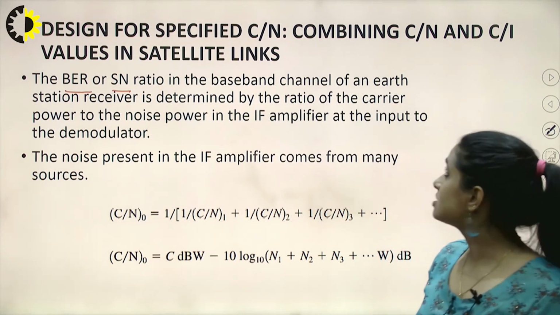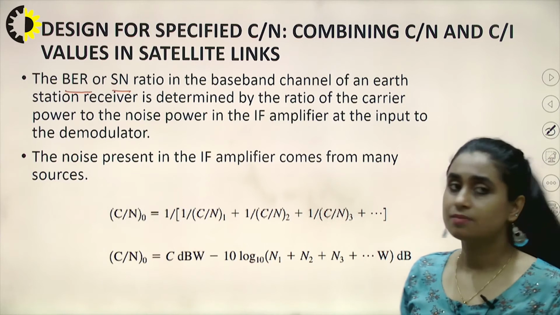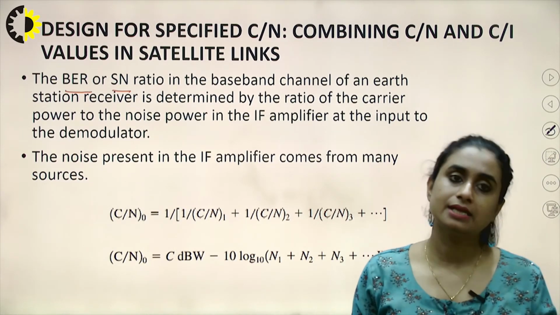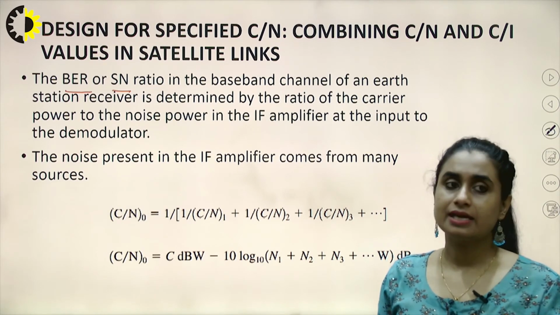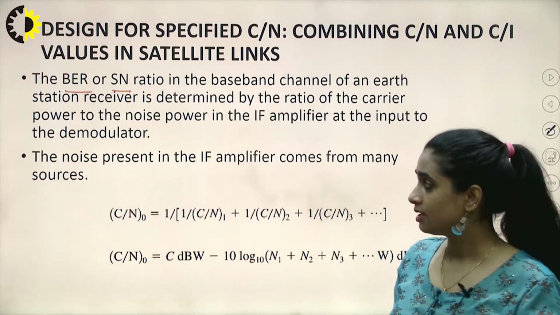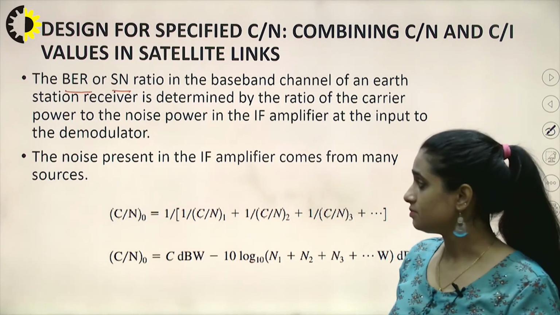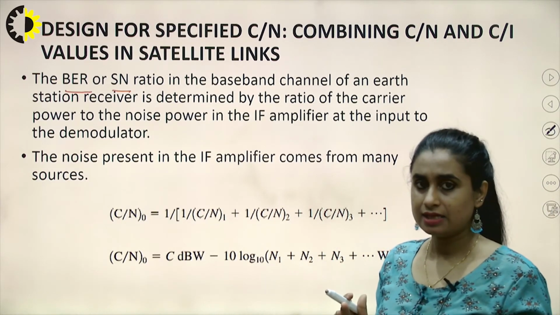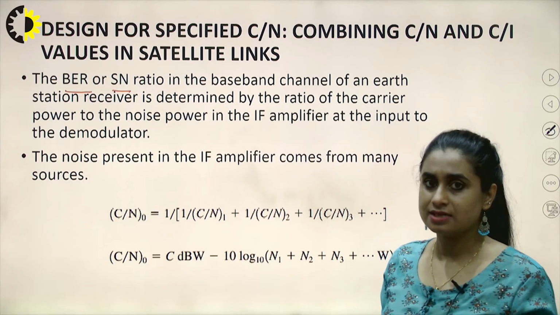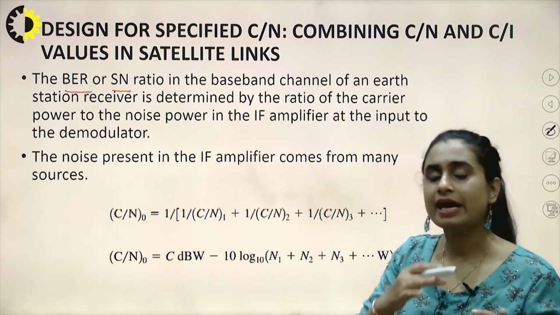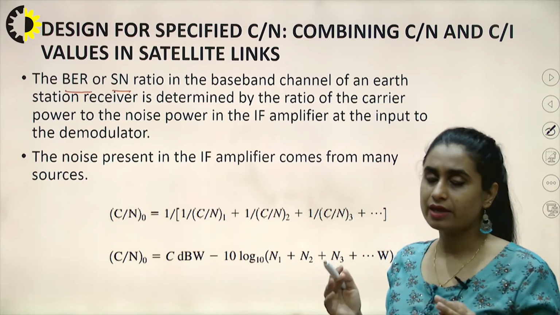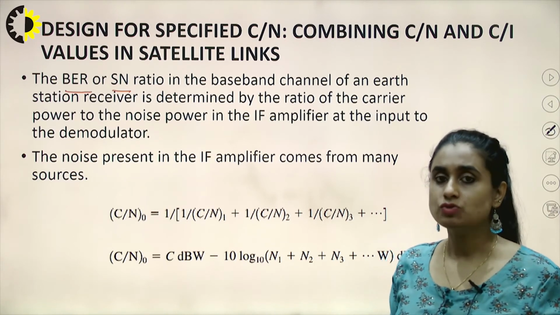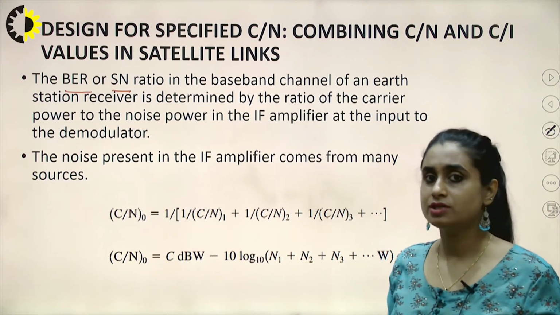The baseband channel of an earth station receiver is determined by the ratio of carrier power to noise power in the IF amplifier at the input to the demodulator. Then we consider noise from many sources, and those noises are expressed as N1, N2, N3 and so on. So if there are different noise sources, then how do I calculate the overall C/N ratio?